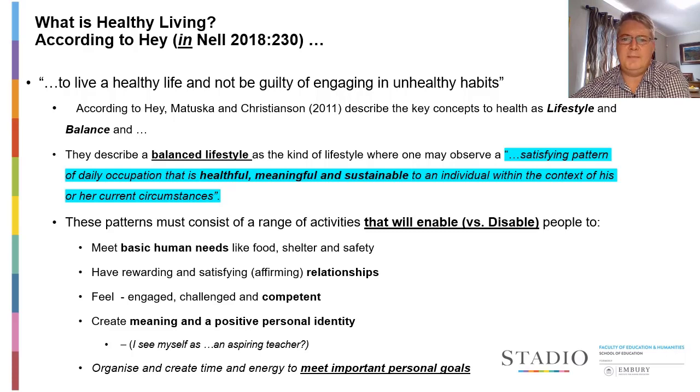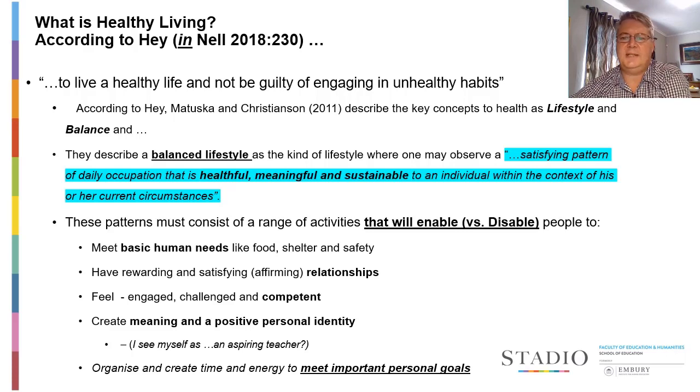So what does that really mean? This research speaks interestingly about this, and I've highlighted it in bright blue for you. It says a satisfying pattern of daily occupation that is healthful, meaningful, and sustainable to an individual within the context of his or her current circumstances.